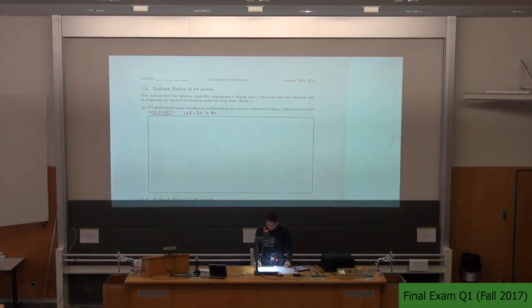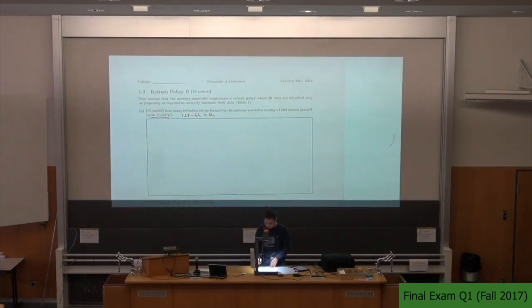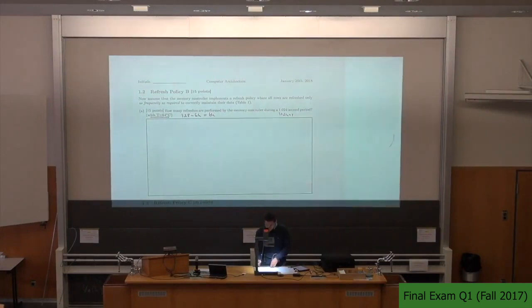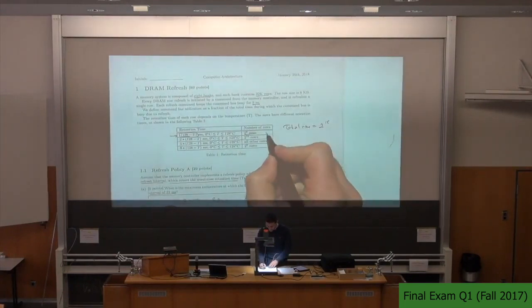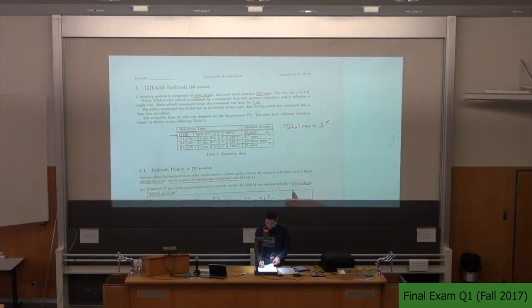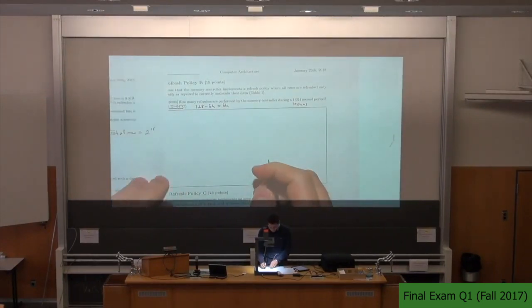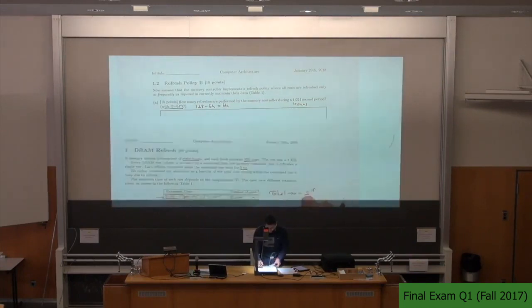So the question asks how many refreshes are performed by the memory controller during a 1024 milliseconds period. So we need to find the number of refreshes for each of them. Let's find out. Let's make sure that this table is also visible.